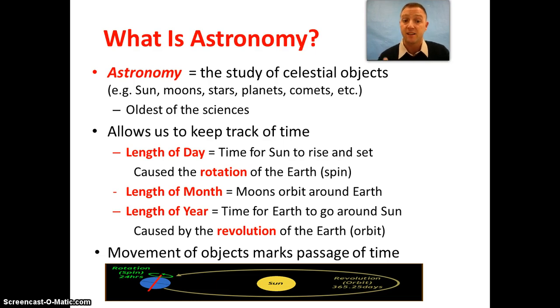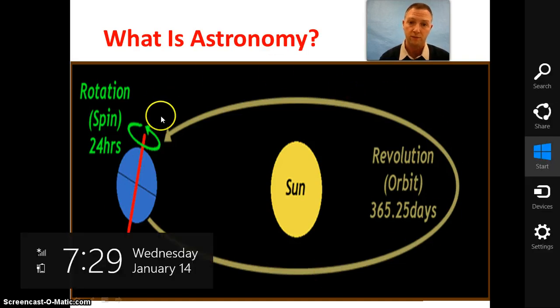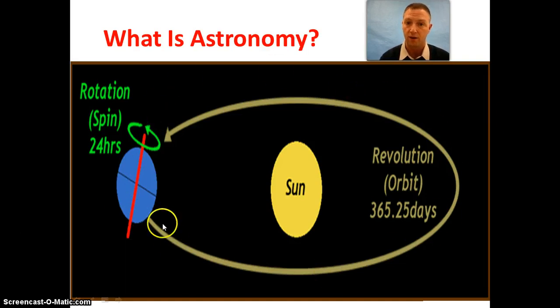So the big idea here, okay, you have rotation, the Earth spinning round and round and round on its axis. Okay, you have revolution, which is going around the sun in its orbit. Or you could have the moon going around the Earth. That's also in orbit.